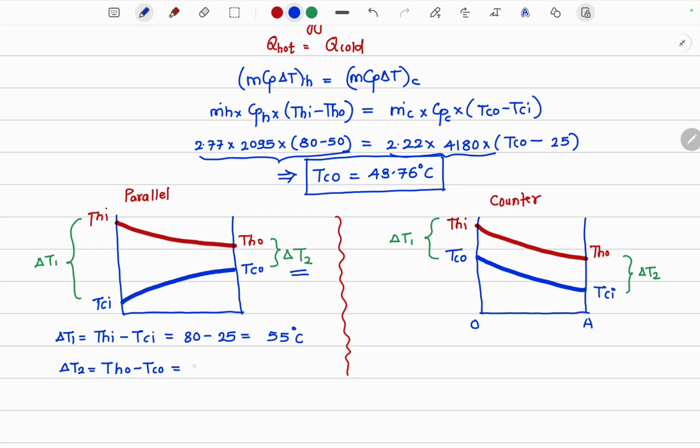THO is 50 degrees Celsius and TCO is 43.76. So you do the subtraction. I have done it on my calculator. That comes out to be 6.24 degrees Celsius.